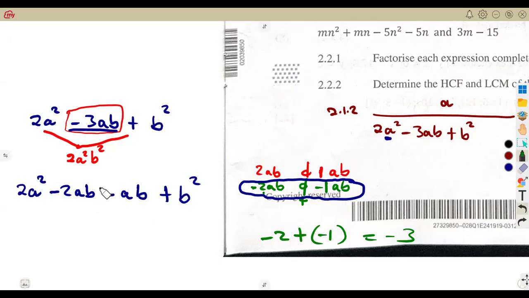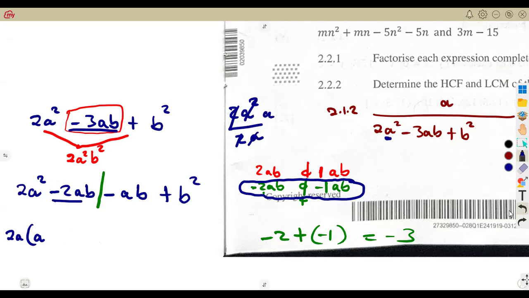So when you have 4 terms, remember factorization by grouping. We group this into 2, then we factor out the highest common factor between these 2 terms. So that's 2a, that's 2 and a there. All right, 2a squared divided by 2a is going to give us a, guys. You're simply canceling: a into a squared, we remain with a.